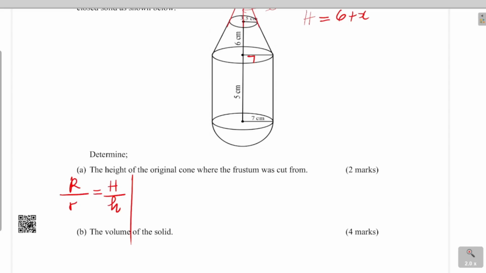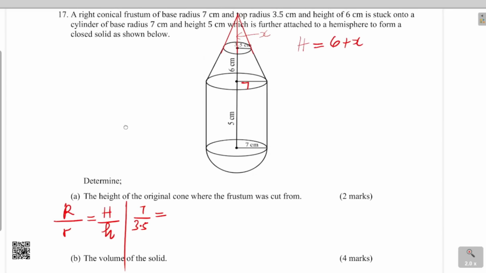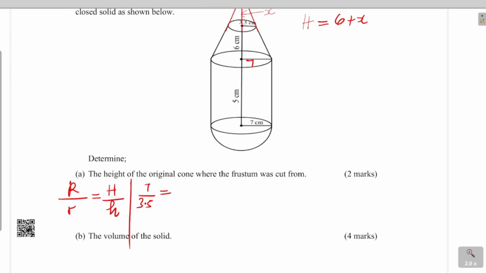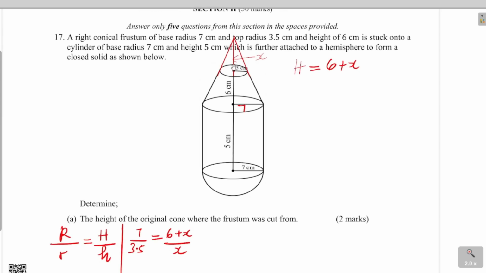So 7 over 3.5 equals 6 plus x over x. Be careful to identify that: smaller cone height is x, the bigger cone is 6 plus x.